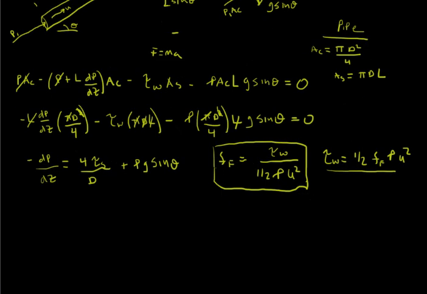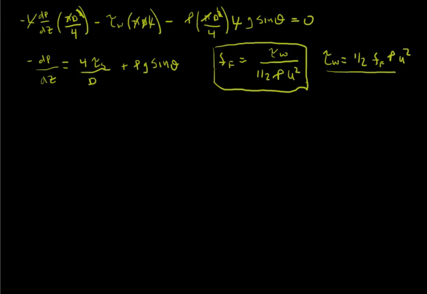One second, let me scroll down. Okay, so I get a negative dP/dz is equal to, so it'd be a 4 on 2, so that gives me 2 times Fanning friction factor times the fluid density velocity squared over the pipe diameter, and I'm going to add to that a rho g sine theta.